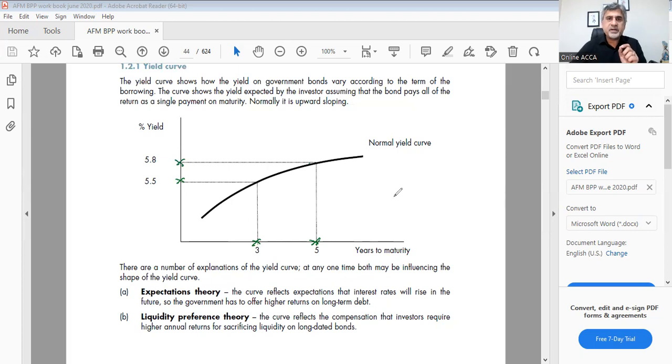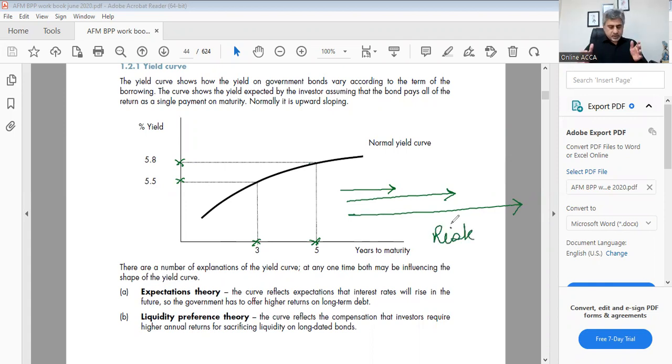Because always remember in finance, we say that the farther we go into the future, the risk increases. Because I can predict the next 3 years, but it is hard to predict 5 years and even harder to predict 8 years. So when you are asked, do you want to lock your money for 8 years? You start thinking.